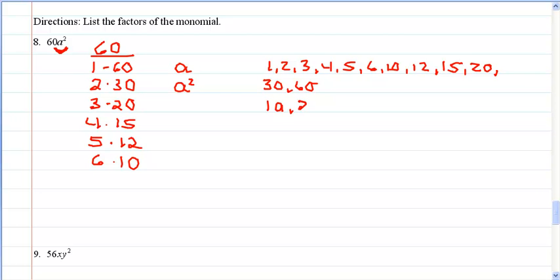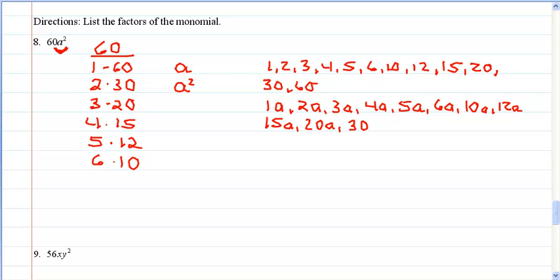So you also have 1a, 2a, all the way up to 60a. And then you take the same numbers and attach an a squared. So you have 1a squared, 2a squared, and again all the way up to 60a squared.